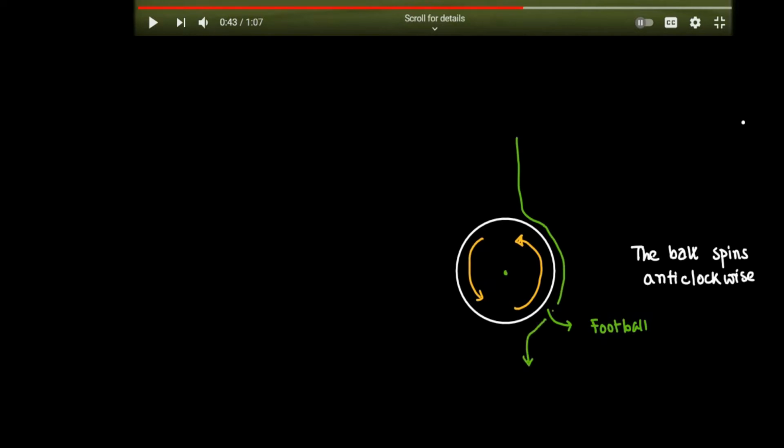The football is trying to travel in the forward direction, and air is flowing in the backward direction. This is the direction of airflow. Air is flowing and touching the two sides of the football in this way. The football spins about its own vertical axis anti-clockwise in the horizontal plane.